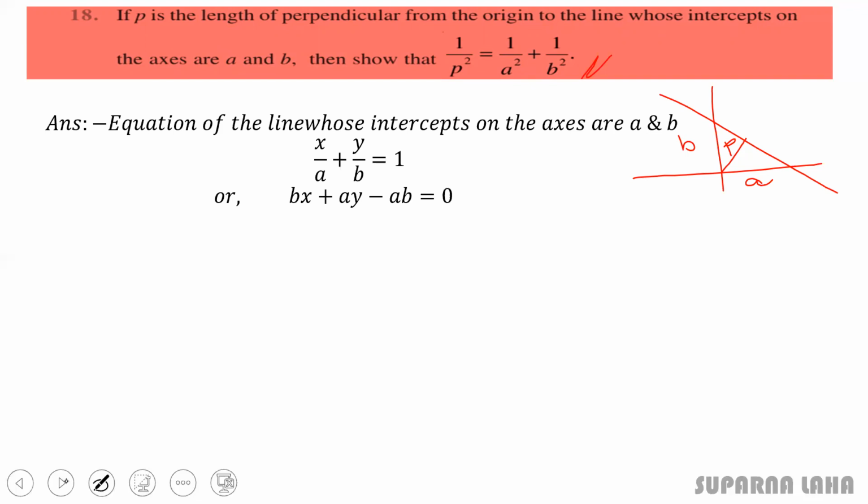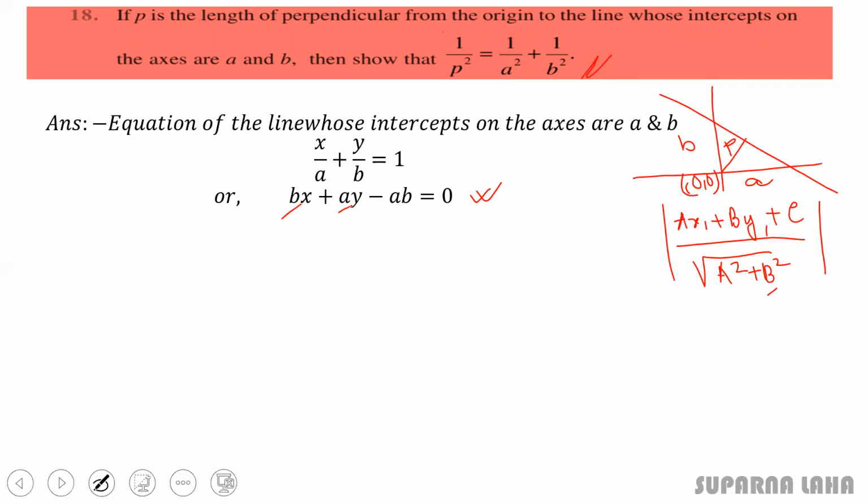Then look at that. From the origin 0, 0, the perpendicular distance to this line you can easily find by using the formula |ax1 plus by1 plus c| by root over a square plus b square, where x1, y1 is 0, 0, and a is small b and b is small a and c is minus ab.